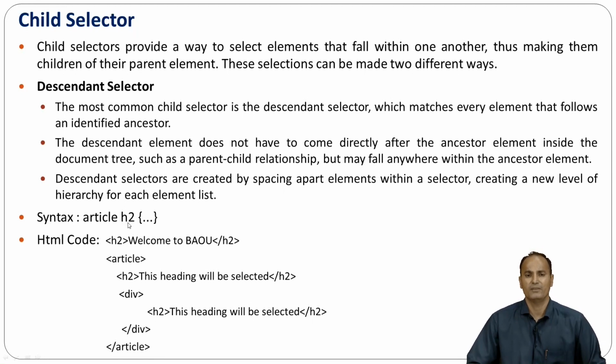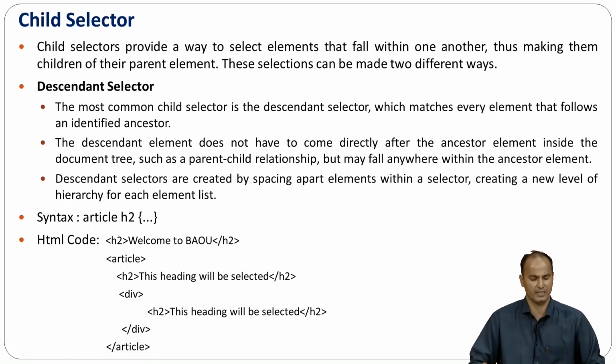There should be a child h2 within the article, as the article would be the parent tag or element. Within that there should be an h2, and if it is available then the provided CSS effects would be applicable to that h2 element. But the rule is it must be a descendant, that means it should be a child of the ancestor element.